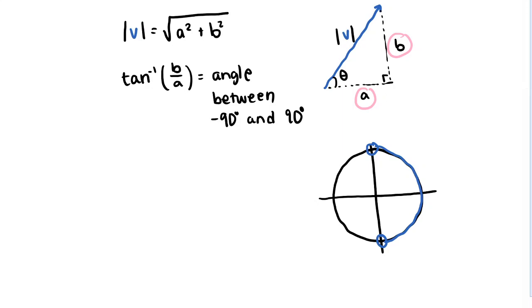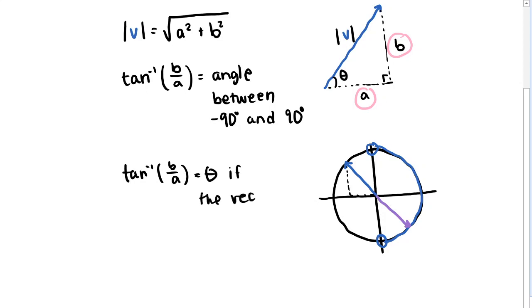Maybe just to really draw a quick picture, if our vector is angled out here to the left, then tangent inverse is going to give us back an angle with the same slope. And so it would give us back this angle down here. All this to say that tangent inverse of b over a is equal to theta if the vector is directed right.